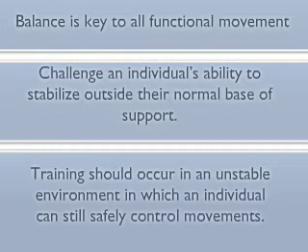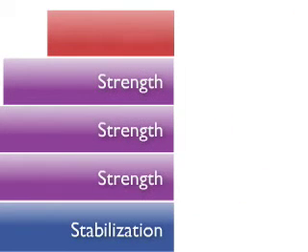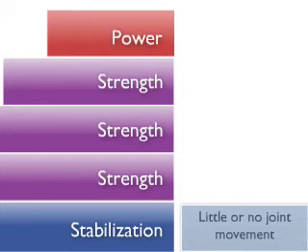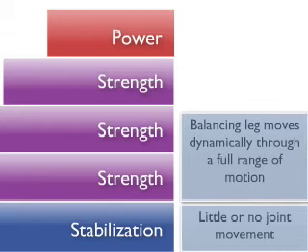A proper balance training program follows the same systematic progression as the OPT model: stabilization, strength, and power levels of training. Exercises in the stabilization level of balance training do not involve much joint motion. They improve joint stability. In the strength level of balance training, the balancing leg moves dynamically through a full range of motion with exercises that require greater specificity, speed, and neural demand.